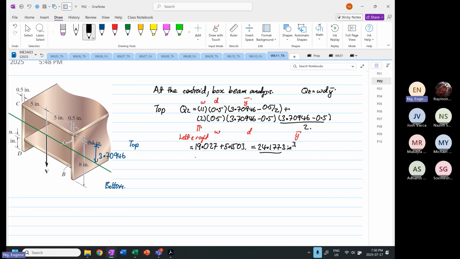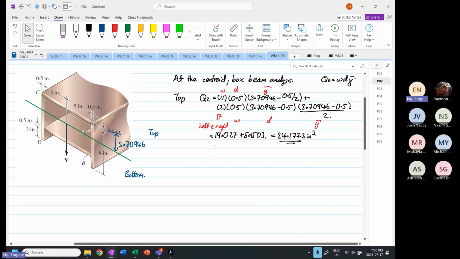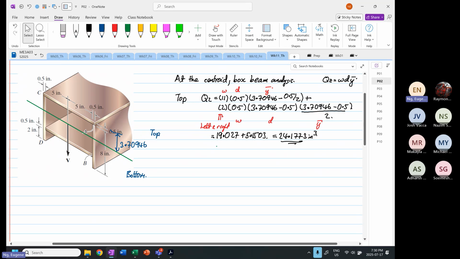inches cubed. Okay. Now, if we were to consider the bottom, so now I'm going to do the bottom. The answer has to be the same.